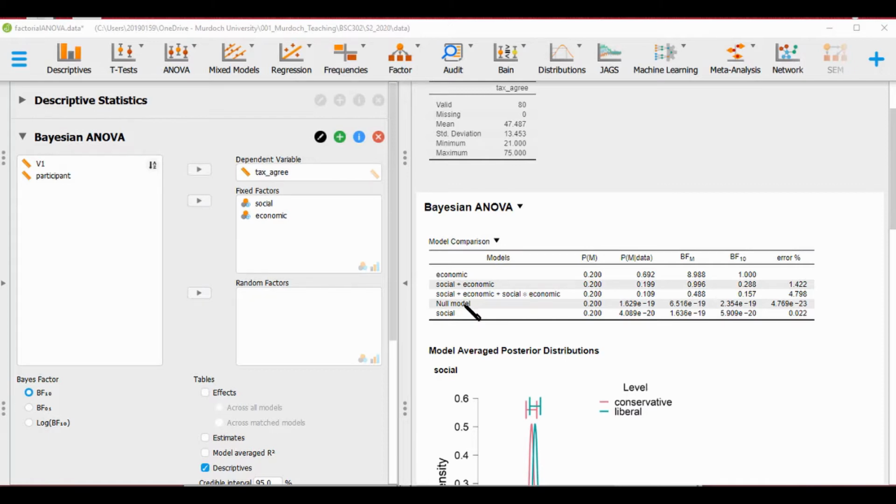Then there is a model that says that the economic views affect the agreement. Another model that says social only, and then the model that includes both variables, social and economic. And the fifth model includes the social, the economic, and the interaction between the two variables.